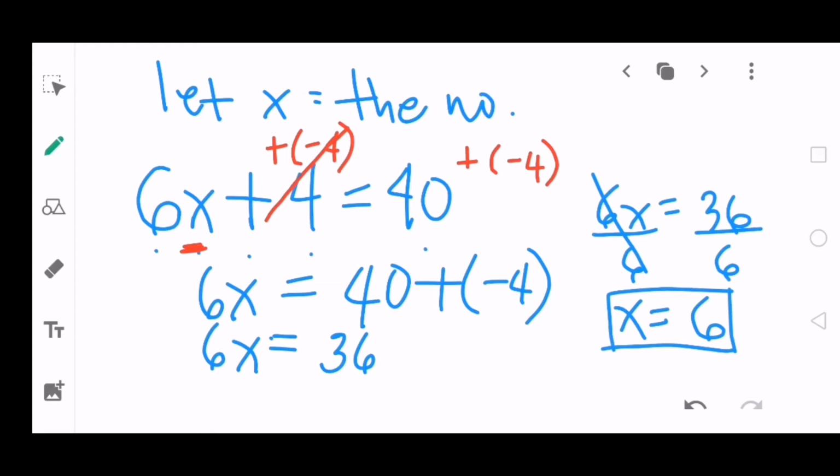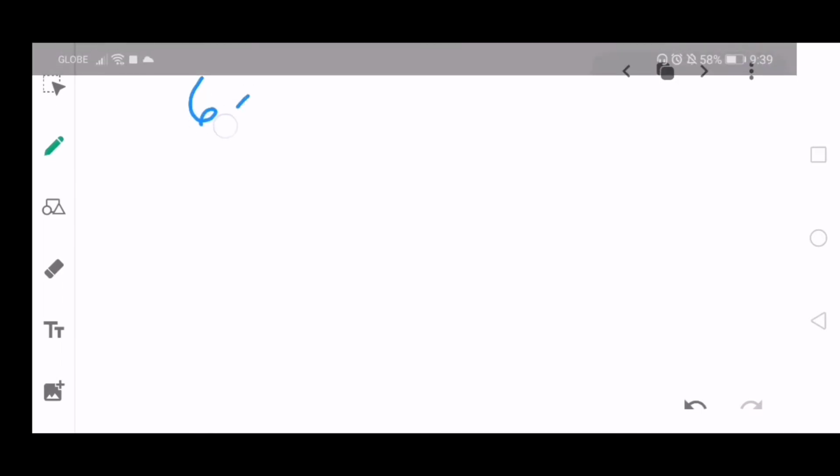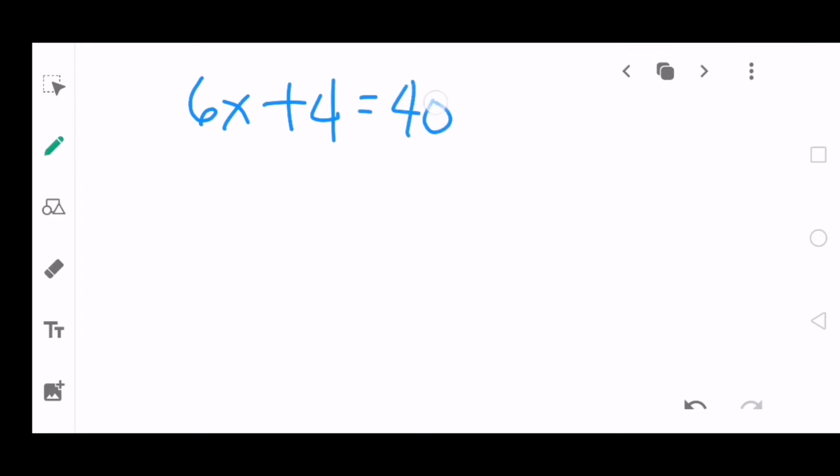Now to verify if we get the correct answer, we'll go back to our formulated equation, that is 6x plus 4 is equal to 40, and we must get a true equation when we substitute the value of our x here.